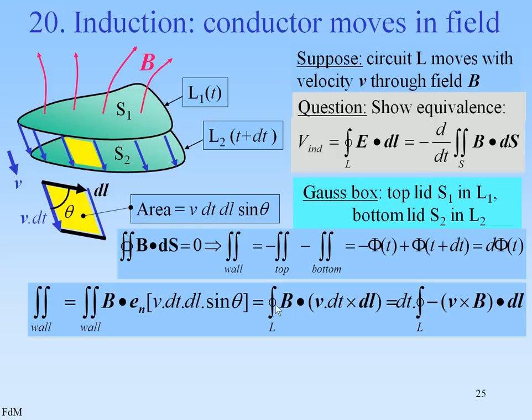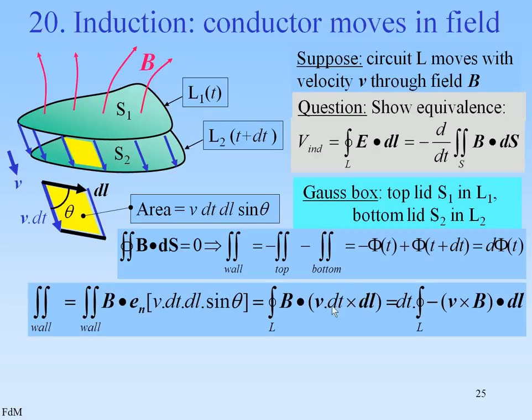It is the path integral of B times v dt times dl. This is the expression for the sine.